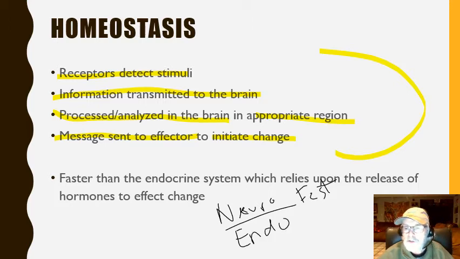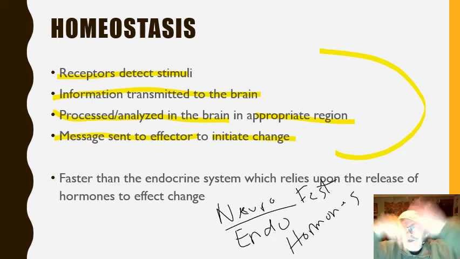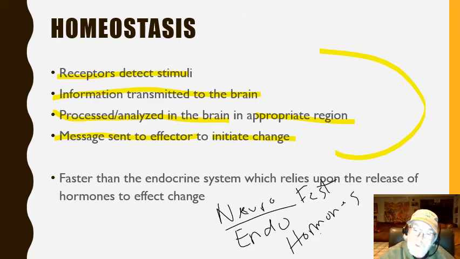In the endocrine system, the nervous system stimulates the endocrine system. The glands make various things called hormones, and the hormones are released into the blood. Then this makes it even longer. The hormones are made and released into the blood to make a change. They circulate throughout the body and go to a target organ.